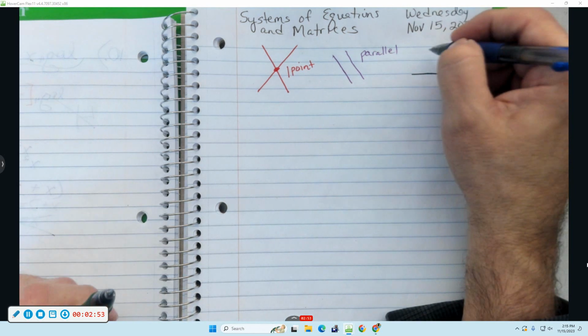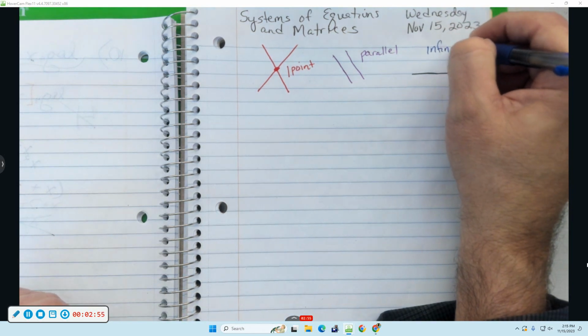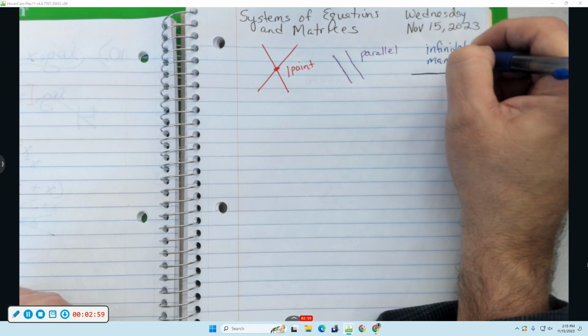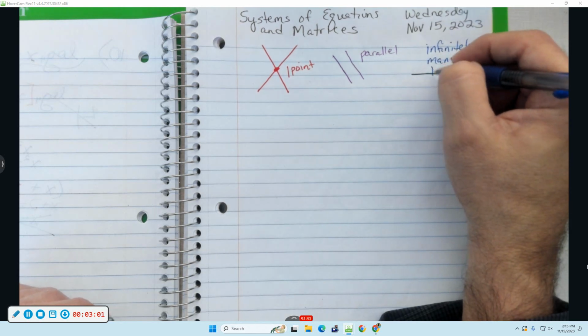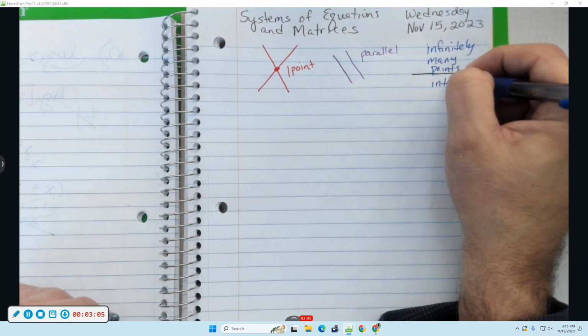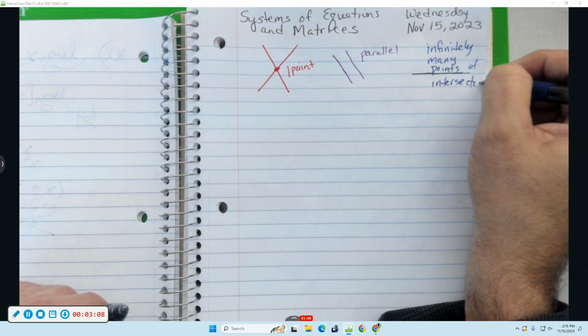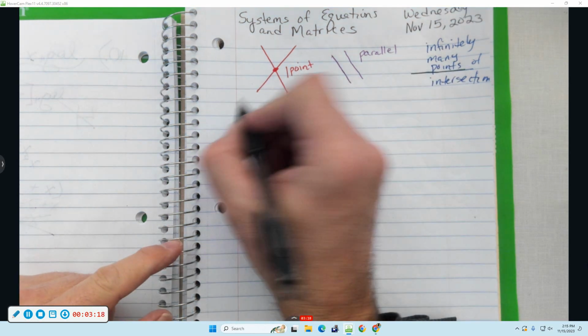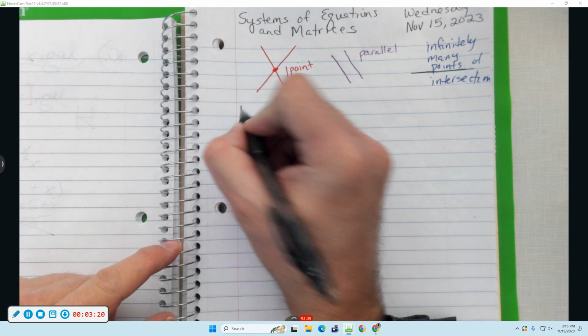So there are infinitely many points of intersection. We're going to look at several different methods for finding these points of intersection. And why don't we just go ahead and start with problem number 1.